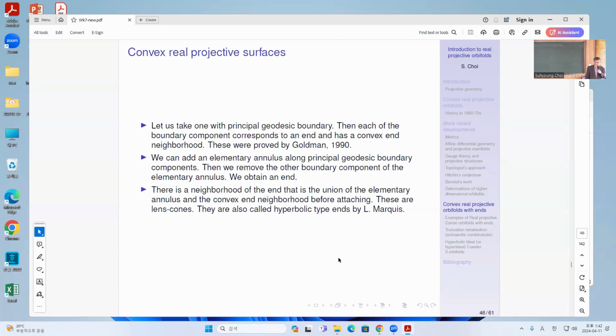These are what's called lens cones. They are called the hyperbolic type ends by Marquis, who classified the ends for the two-dimensional cases.